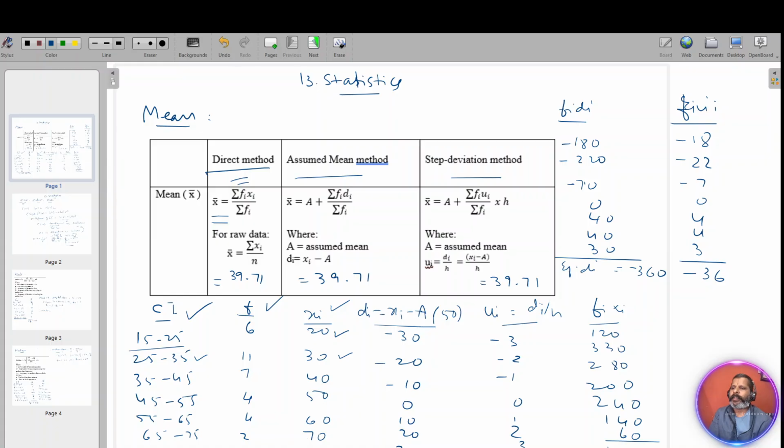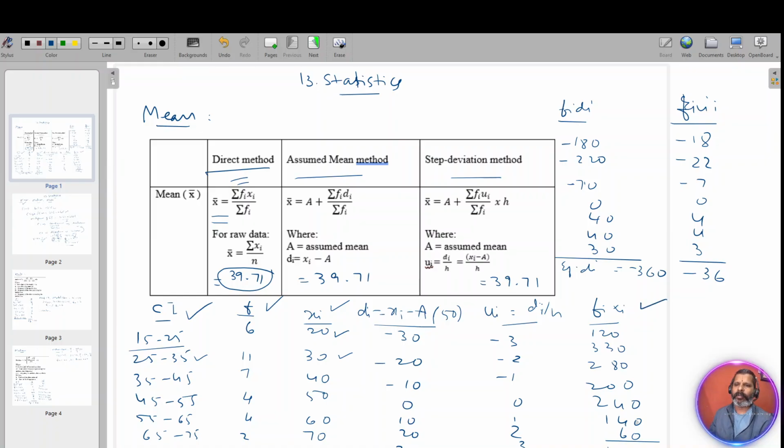So sigma Fi xi, how much does it become? You have to find sigma Fi xi. Once you find the sigma Fi xi, divide by 35, you get the answer, mean 39.71. Remember, this is a direct method where you find just xi and product Fi xi.